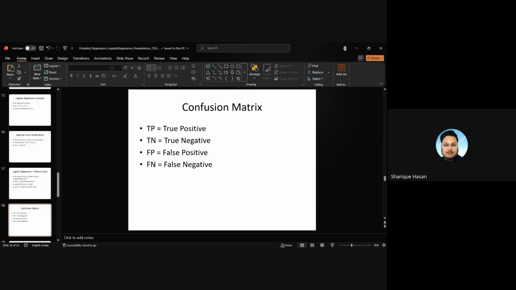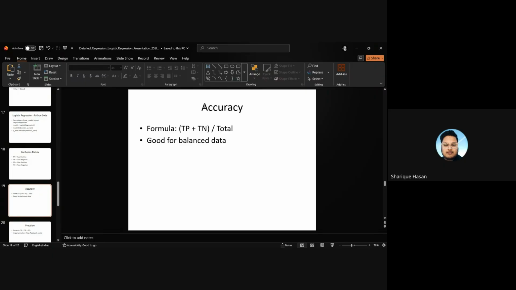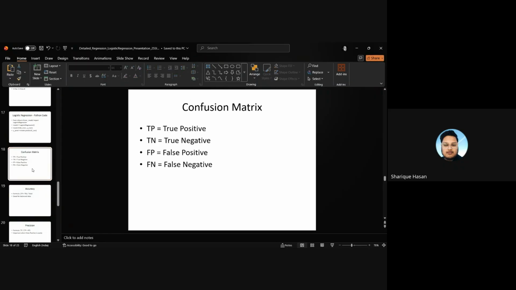Then we have the confusion matrix, with true positive, true negative, false positive, and false negative. We're going to learn them one by one. Now, what is accuracy? Accuracy is equal to true positive plus true negative divided by total. Let's take the example of a hospital where 100 patients got tested.